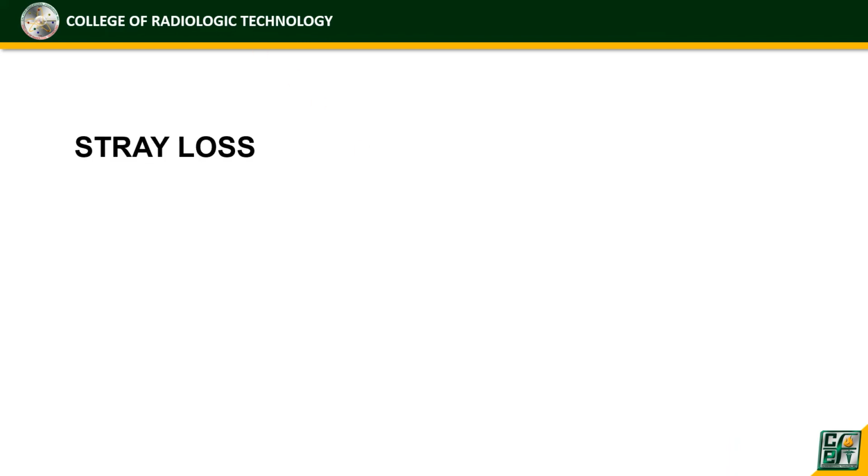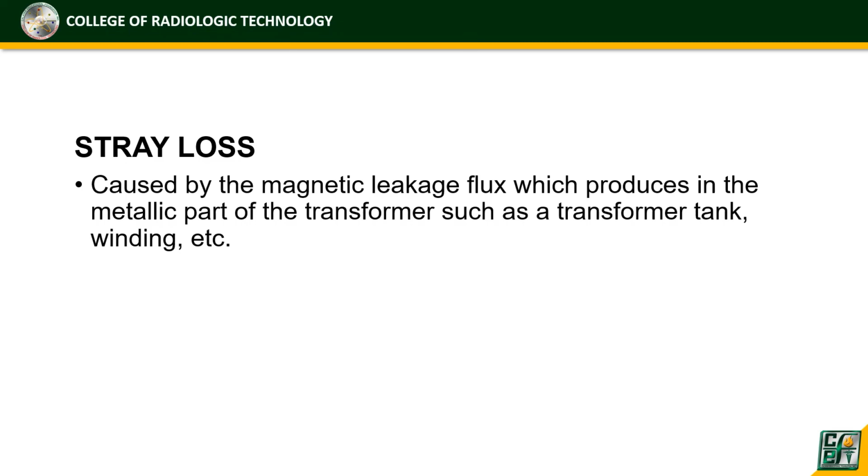And then, the stray loss. It is caused by the magnetic leakage flux which produces in the metallic part of the transformer, such as the transformer tank, winding, or cover. Okay, so any metallic part of the transformer can produce magnetic leakage flux, therefore losing power.